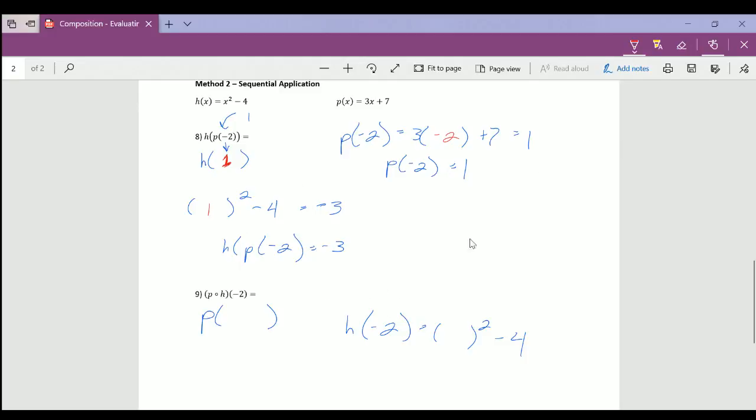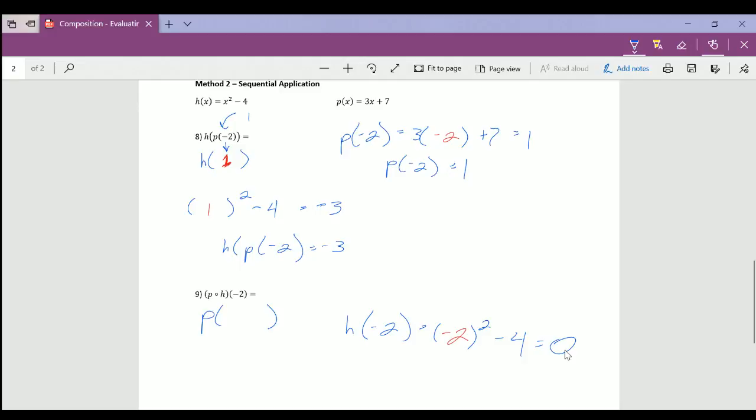If you don't have parentheses here when you plug -2 into that, you're going to get the wrong answer. If you type it in exactly this way, you get -2 squared, which is +4 minus 4. You end up with the number 0.